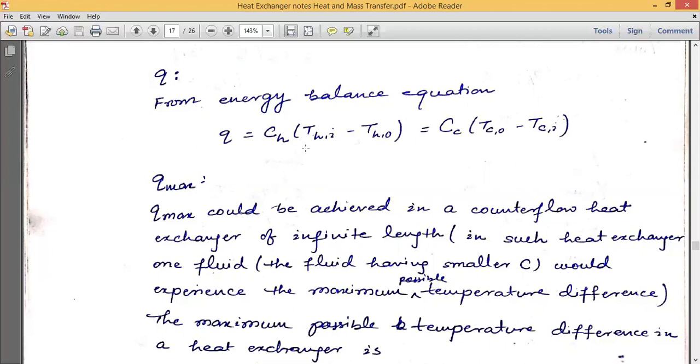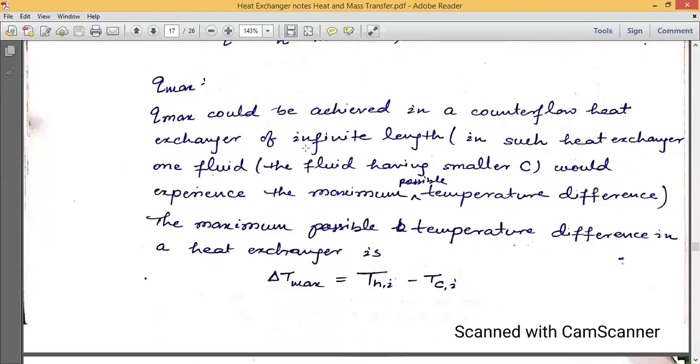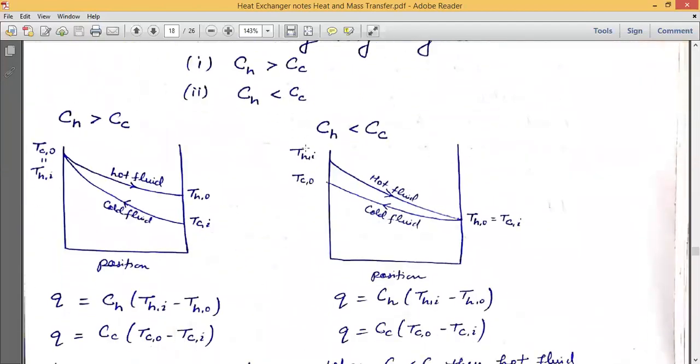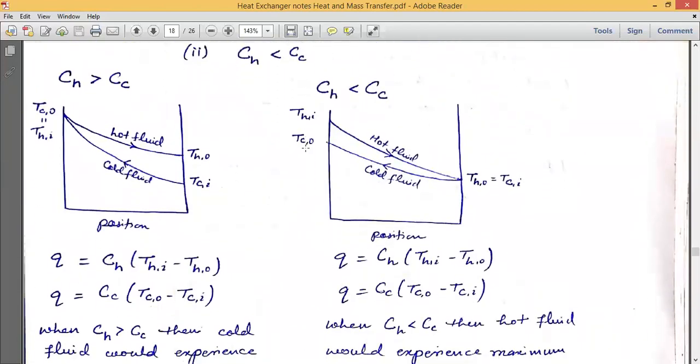Suppose we have the hot fluid and the cold fluid. There are two possibilities: either the cold fluid has the higher heat capacity rate or the hot fluid has the higher heat capacity rate. We will analyze both one by one. First, we assume the maximum heat capacity rate is for the hot fluid.